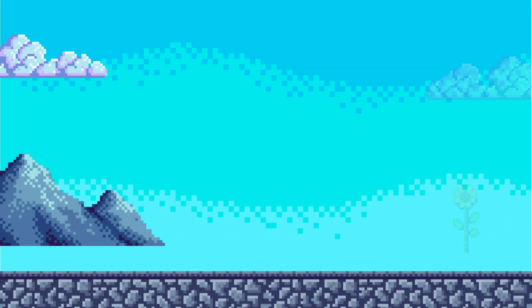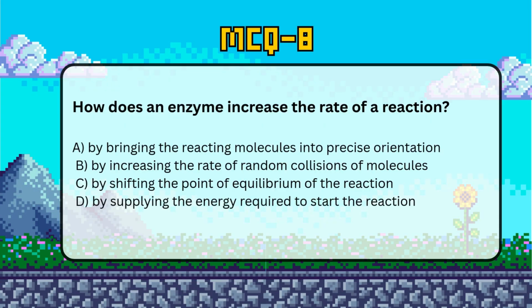Question number 8: how does an enzyme increase the rate of a reaction? The options are: A, by bringing the reacting molecules into precise orientation. B, by increasing the rate of random collision of molecules. C, by shifting the point of equilibrium of the reaction.